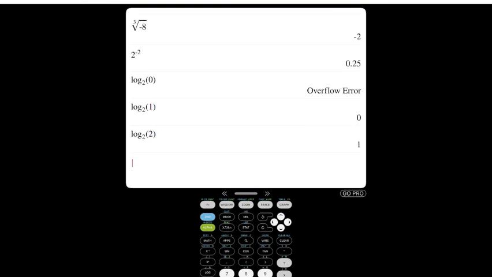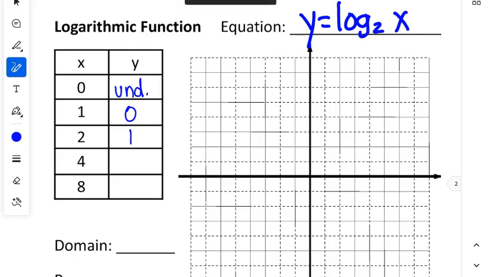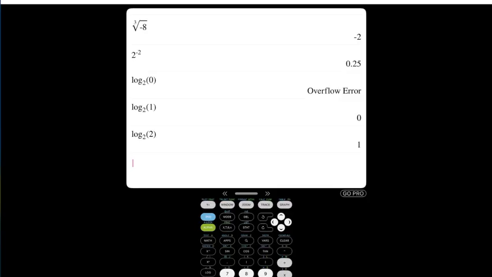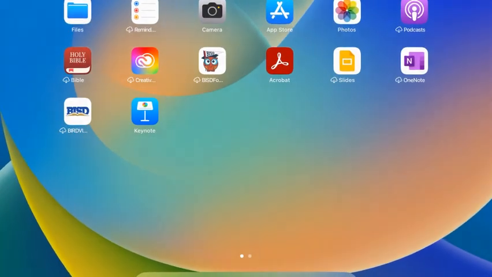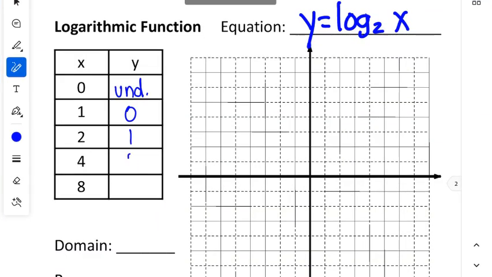I'm going to just go up here, bring this down. Put it in. 1. Log base 2 of 4. Is it 2? And log base 2 of 8. Should be 3.